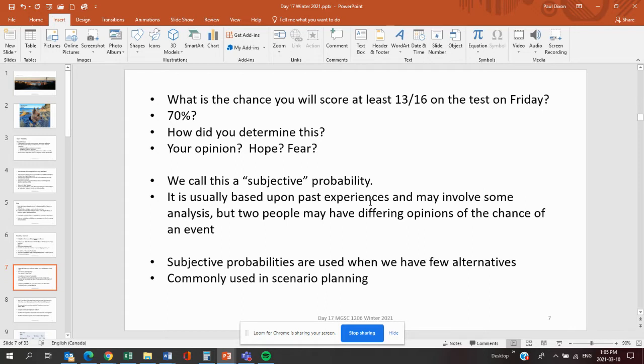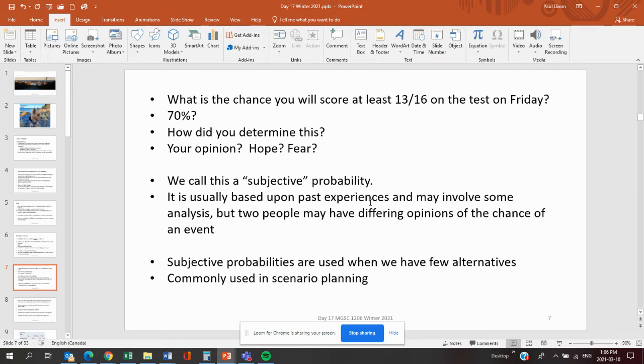Is it just your opinion? You've written several tests already. You may have some sense. You know the chapters it's on, chapters 7 and 8, and you may feel you know them well, or you've got worries about multiple regression in chapter 7. It's your opinion. It's subjective. And then we call it a subjective probability.